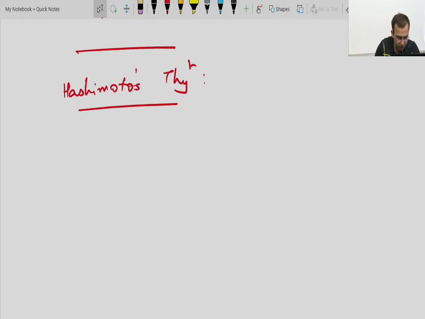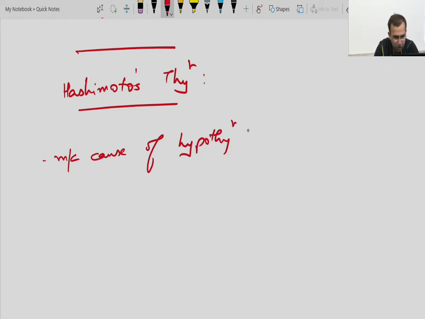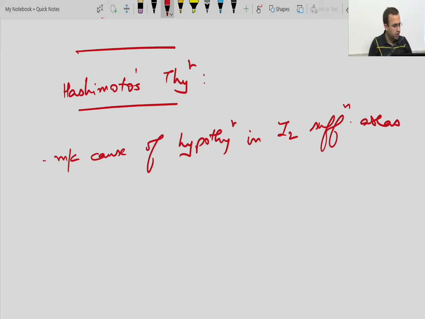Hashimoto's thyroiditis. First point, it is the most common cause of hypothyroidism in iodine sufficient areas.